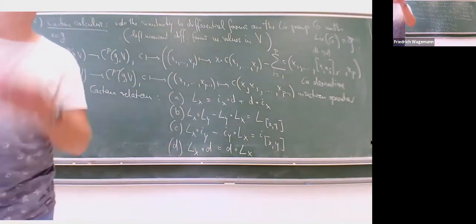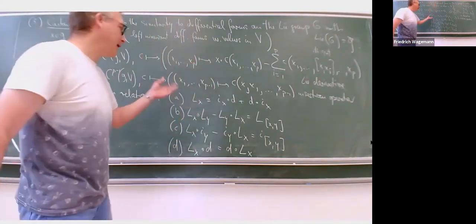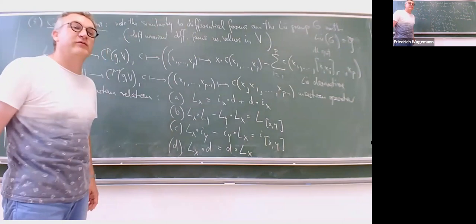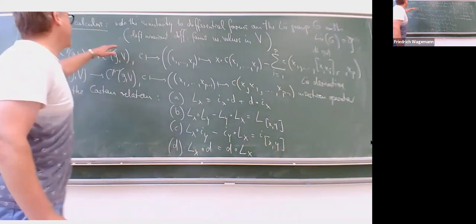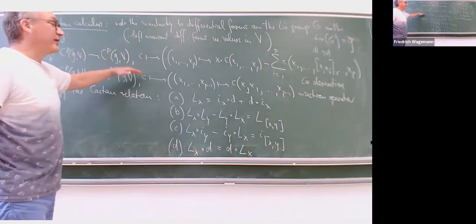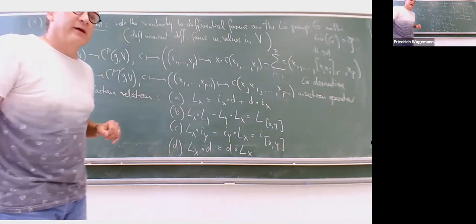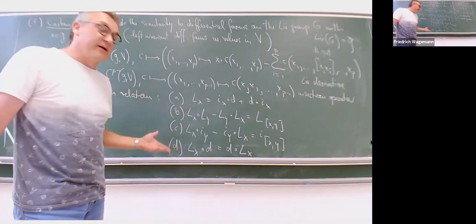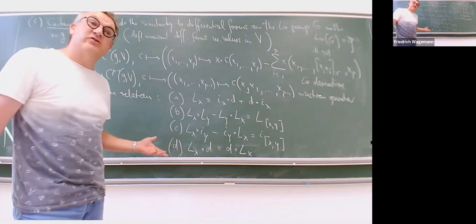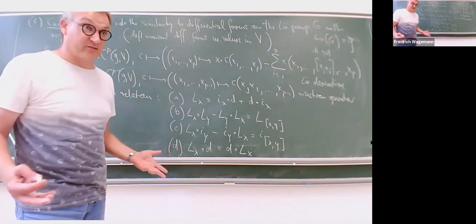So these Cartan relations are probably well known for the Lie derivative and insertion operator on differential forms. And here in Lie algebra cohomology, they are proved exactly in the same way.